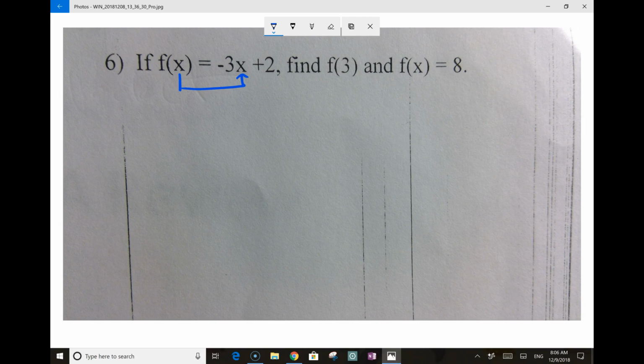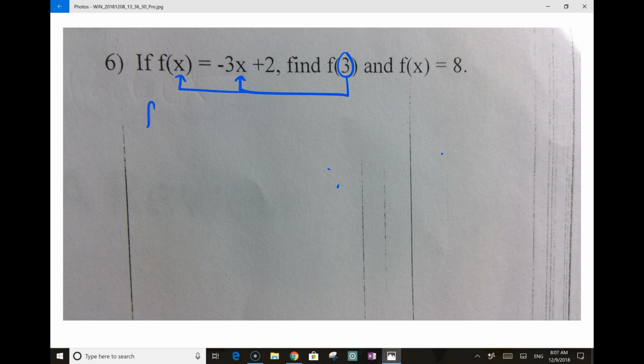That's because the x is the input, and input means to put something in. So we're going to grab this +3 and we're going to bring it over to that x over there and to that x over there.